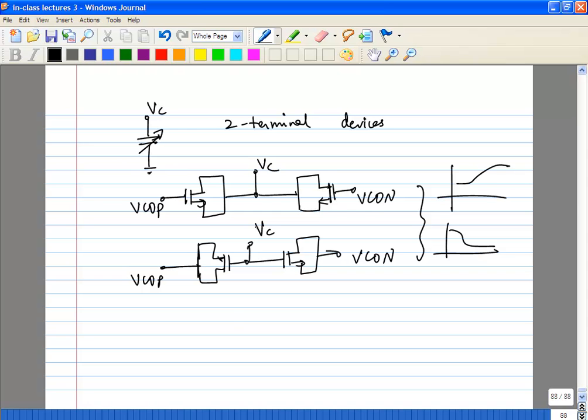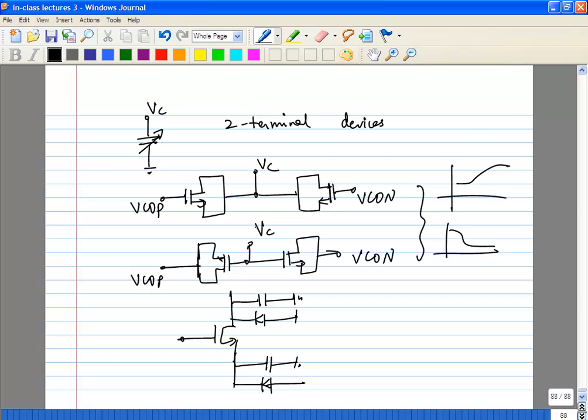Actually, so remember, what do you have here? You have the source to bulk and drain to bulk capacitances. You have the diode, which causes those source to bulk and drain to bulk capacitances.